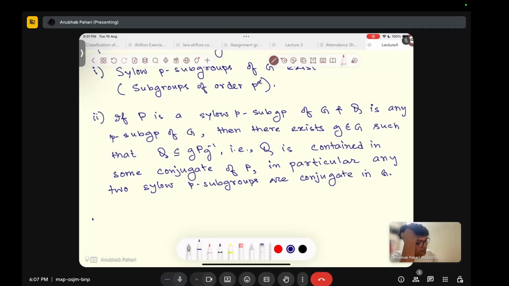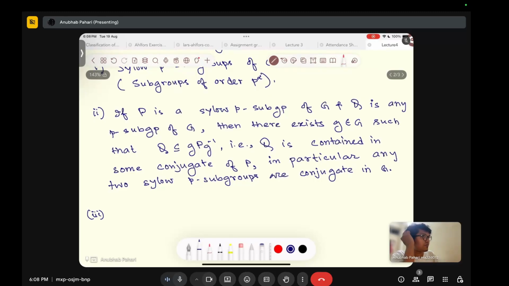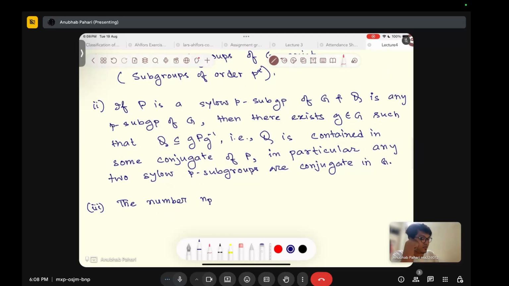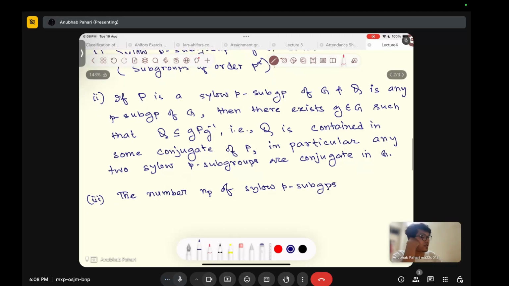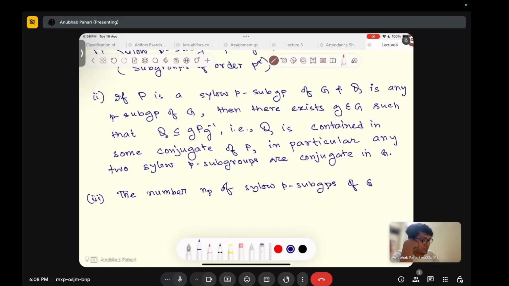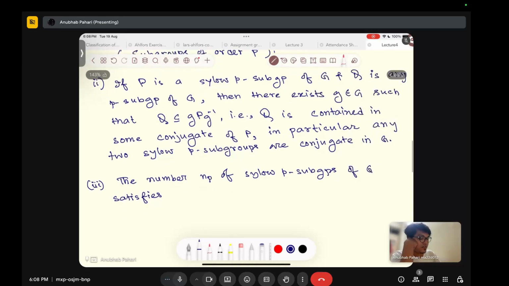Now for the third Silo theorem, which tells us about the number of Silo p subgroups in a group: the number np of Silo p subgroups of G satisfies np congruent to 1 mod p.